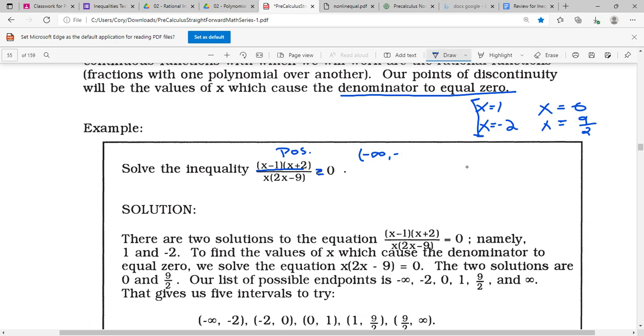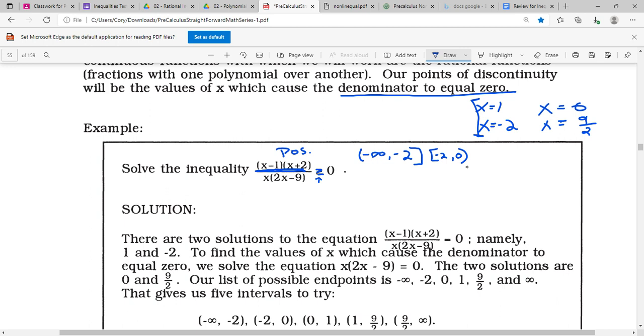So our negative 2 goes into a square bracket because it's greater than or equal to. That's only for our tops. It doesn't count for the bottom where it's equal to 0. Next one would be from negative 2 to 0. That will be rounded because it's over on this side from our 0 bottom, our discontinuity, right?